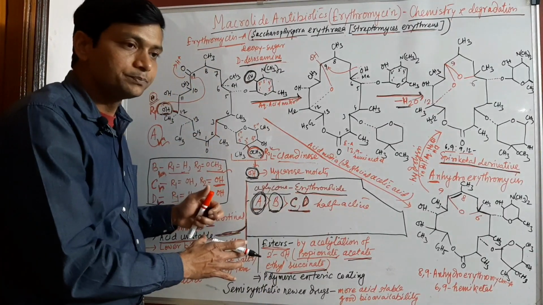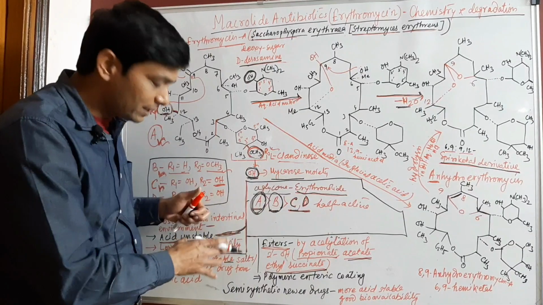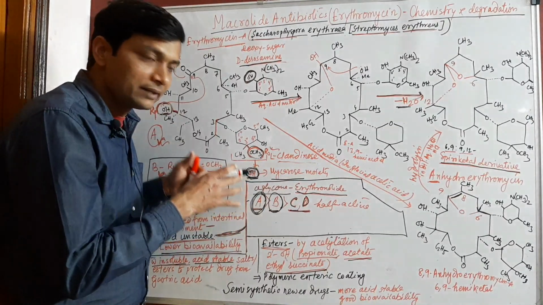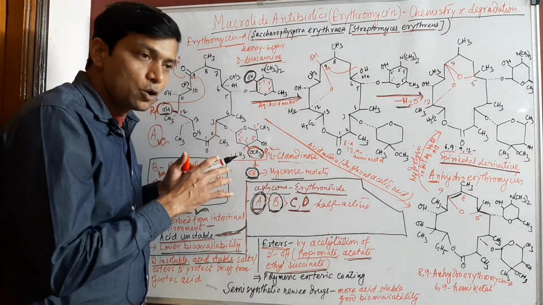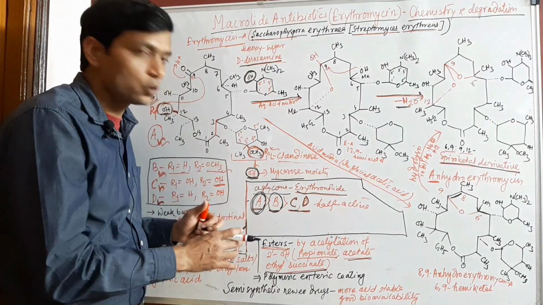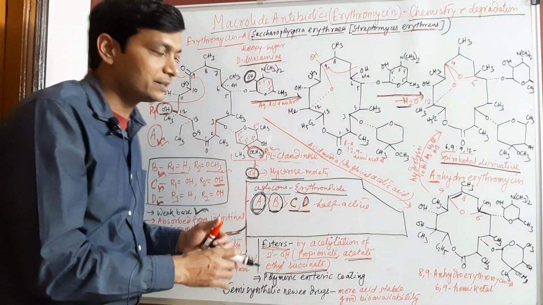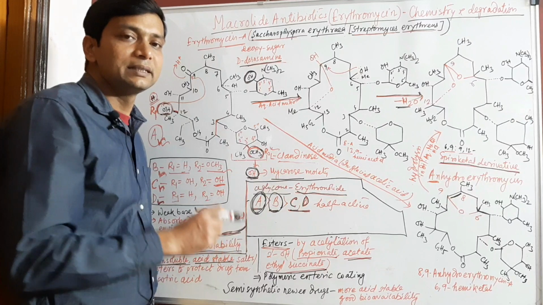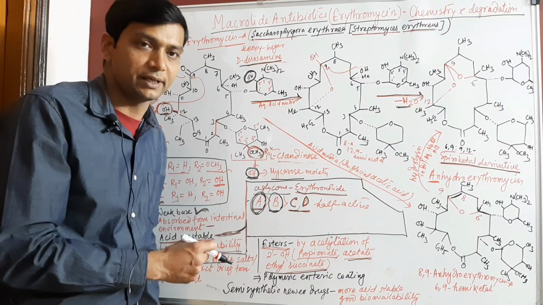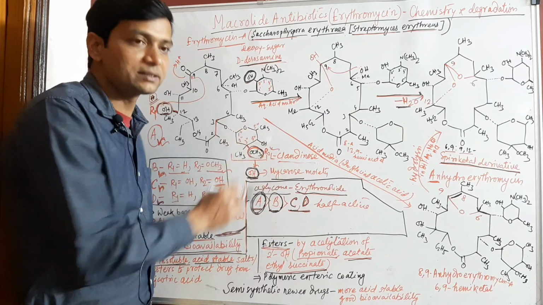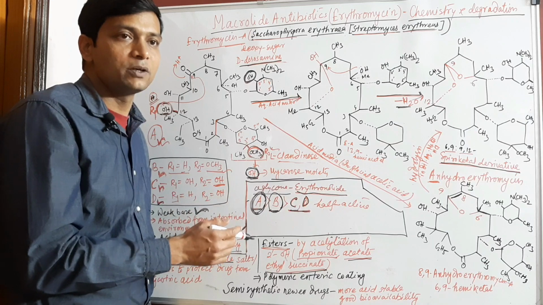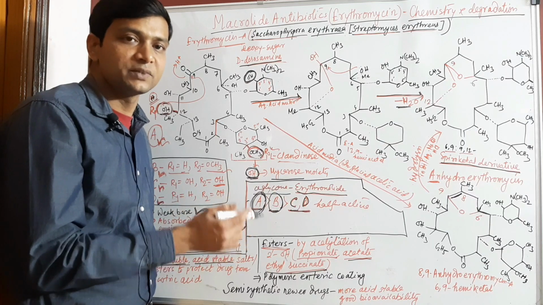Apart from the advantage that it protects the drug from gastric acid degradation, it also has the advantage that these esters can mask the bitter taste of erythromycin, and these esters can be useful for the preparation of pediatric suspensions.